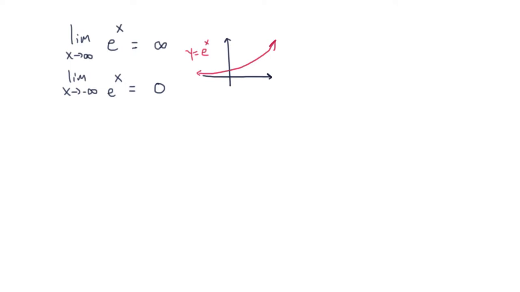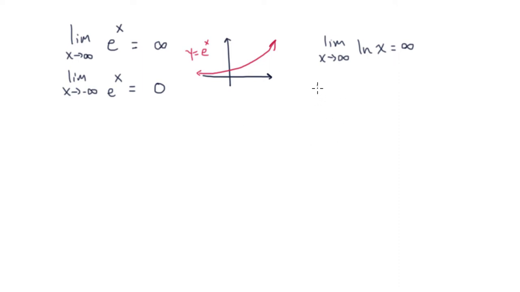Now the inverse of the exponential function is the logarithm function. And so here we'll think about the natural logarithm. The limit as x goes to infinity of natural log of x is also infinity. And we can see that from the inverse relationship of the exponential e to the x and the natural logarithm.